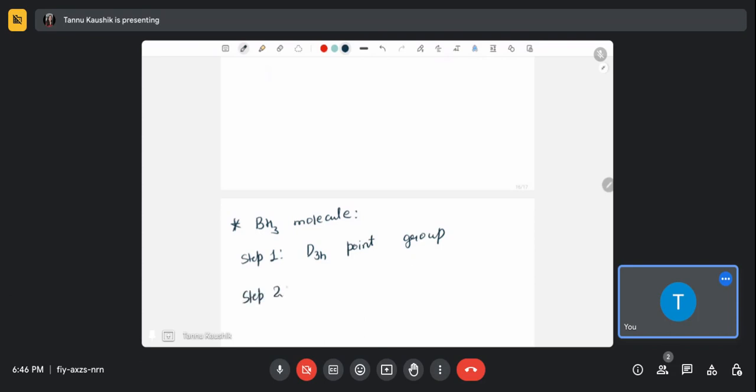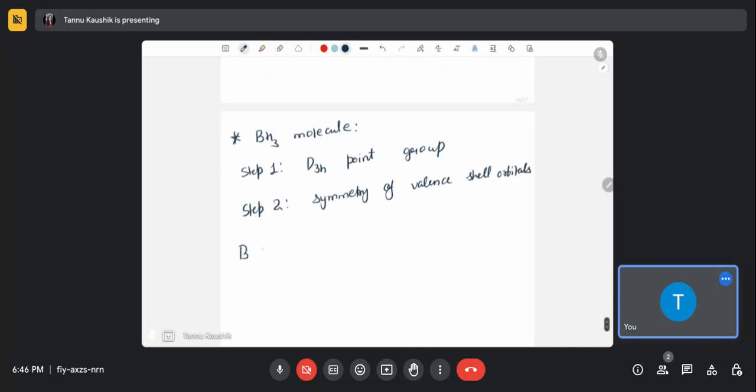Step 2, symmetry of valence shell orbitals. Boron has 2s, 2px, 2py, 2pz as valence shell orbitals. So 2s will have A1 symmetry, that is the totally symmetric representation, which is A1' in the case of D3h point group.